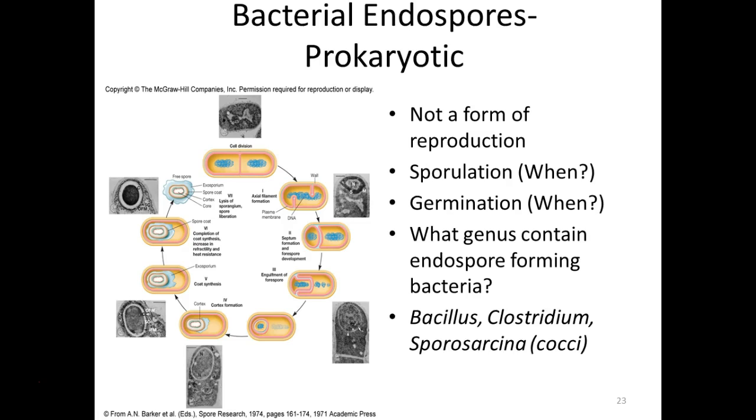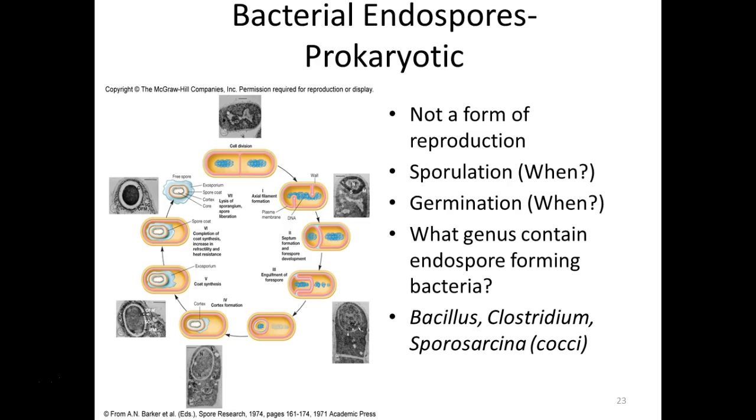So, there they are. And then there's actually a cocci genus that has spore formers, and of course the name kind of tells you, sporo, right? Sarcina, so again they're forming packets or cubes of cocci shaped. Not a form of reproduction.